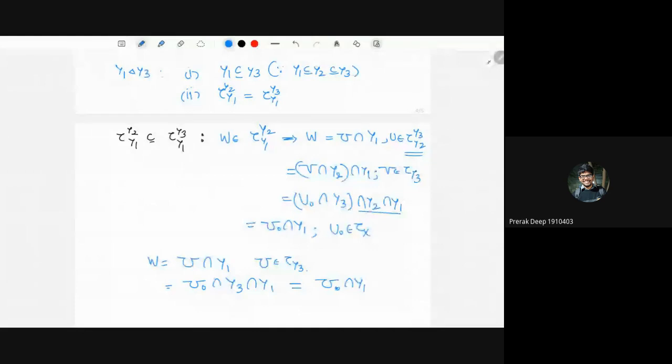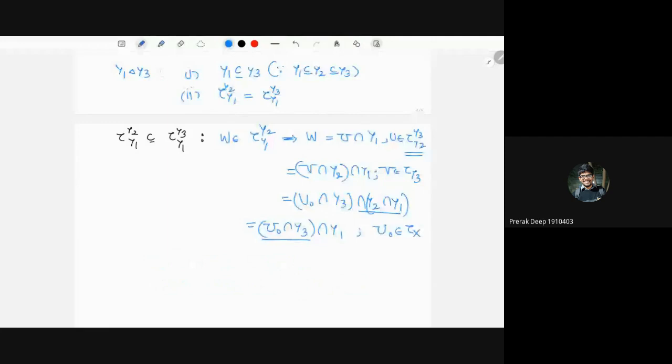So I can write it in this way: U naught intersection Y3, intersection with Y2, and intersection with Y1 will give you Y1 only. So you get this thing. Now what does this imply? This implies that U naught is in tau_X.